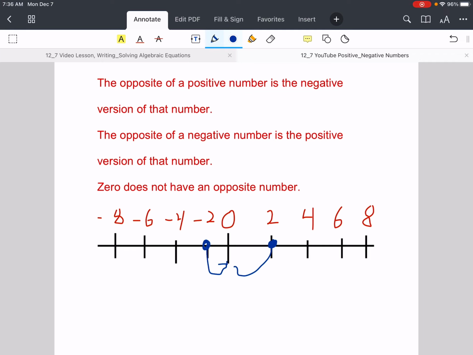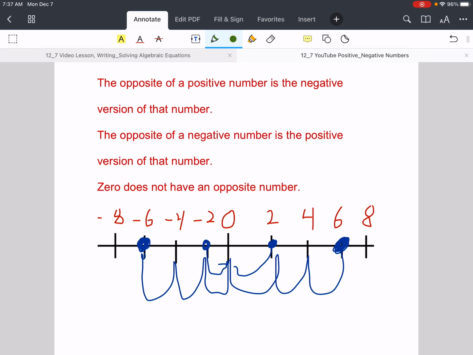So if I was looking at +6 here, and I wanted to find the opposite of +6, that would be -6. Because the opposite of a positive number is the negative version. And we can even see that +6 is 1, 2, 3 tick marks to the right, and -6 is 1, 2, 3 tick marks to the left.